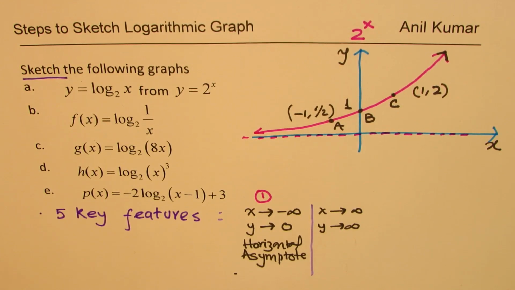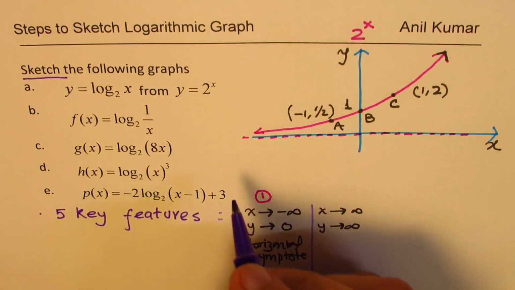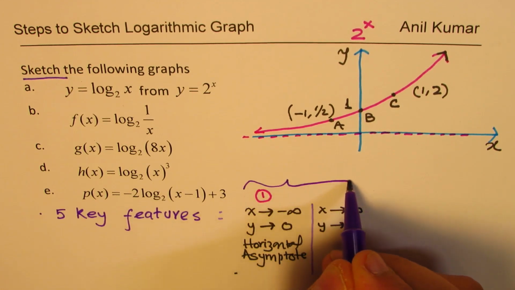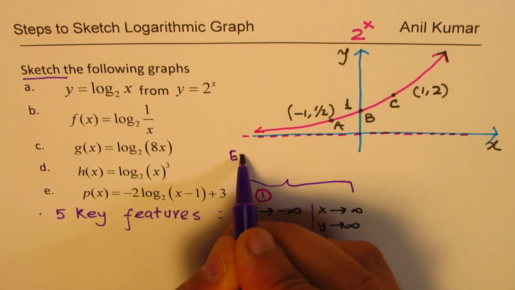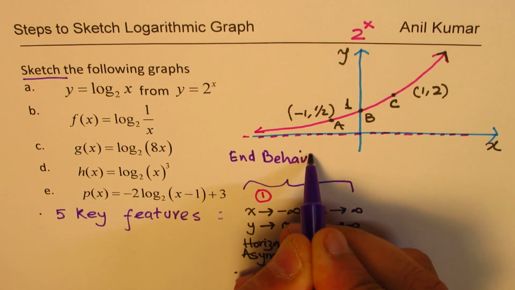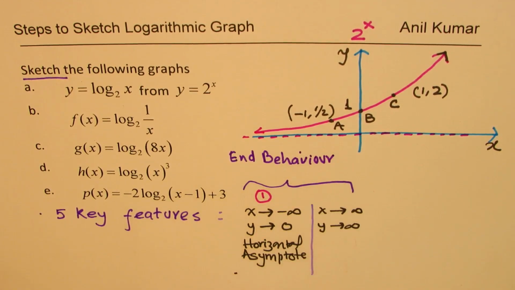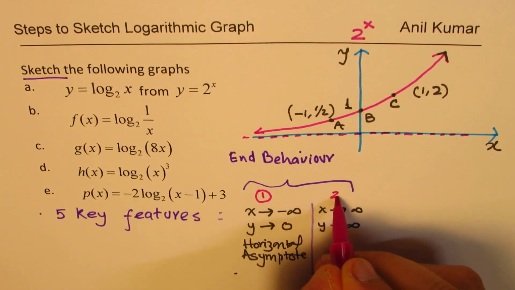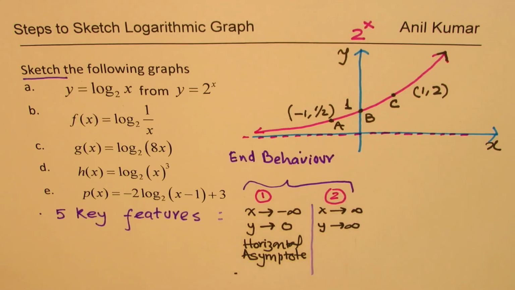Now collectively, we call these two features end behavior. Okay, so that's very important. End behavior is very important for any graph, especially for exponential and logarithmic functions, correct? So we have listed 2 key features.